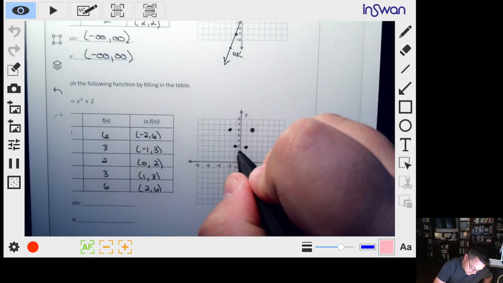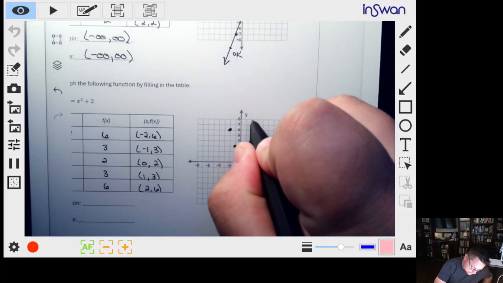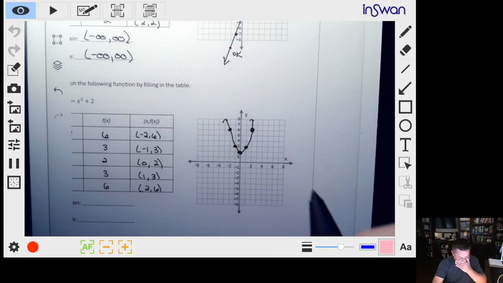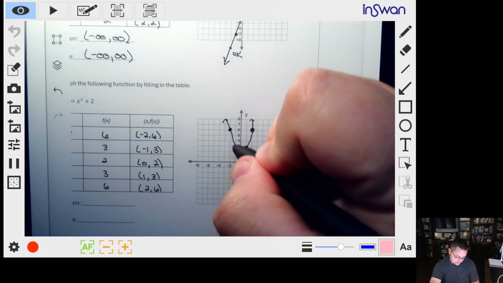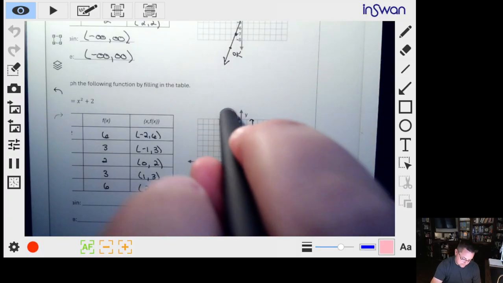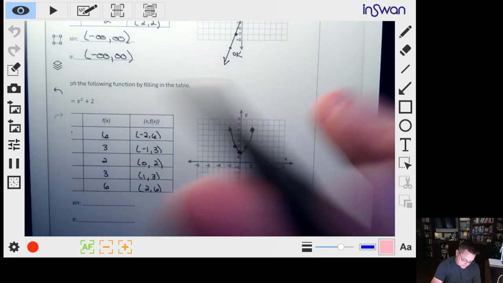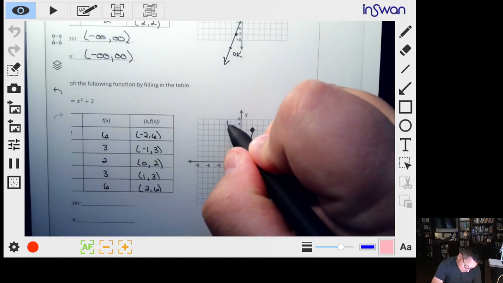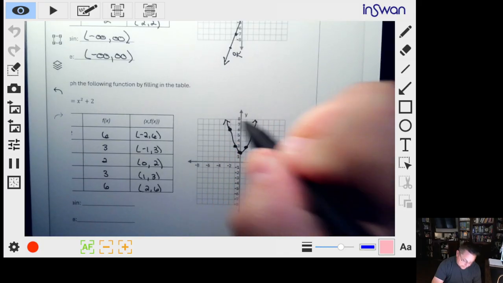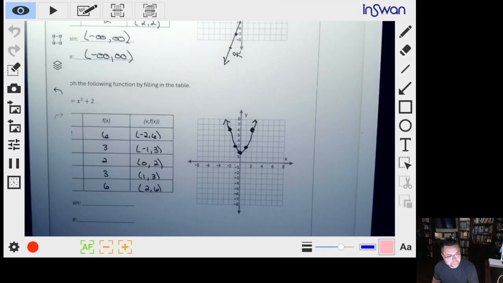So then we're just going to go ahead and draw our U in. Like that. Now it looks like that's not the best drawing. Okay, it should be nice and symmetric. Let me change these ends a little bit. Still not perfect, but you get the idea.